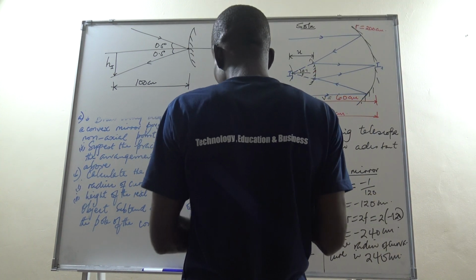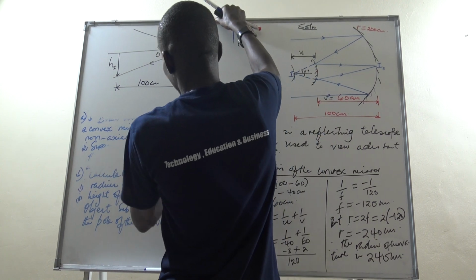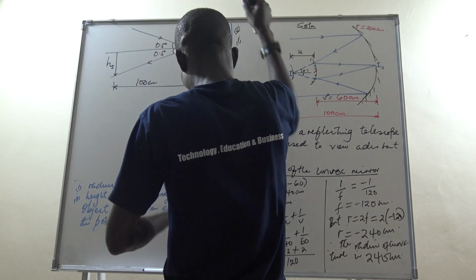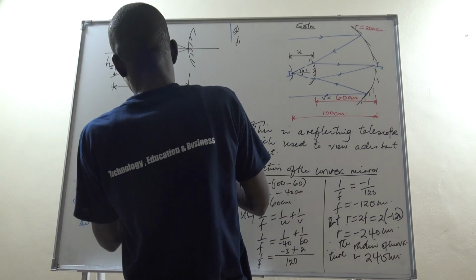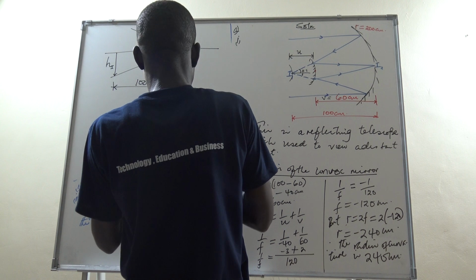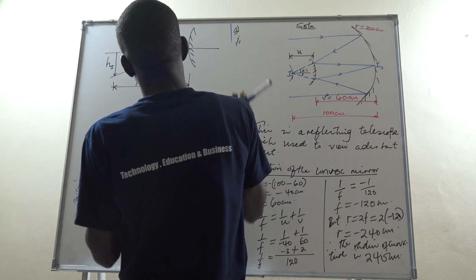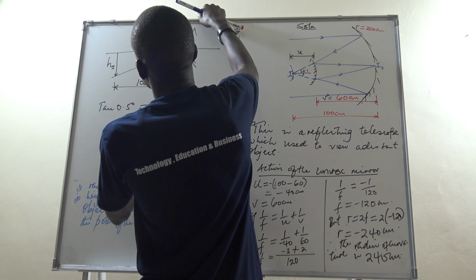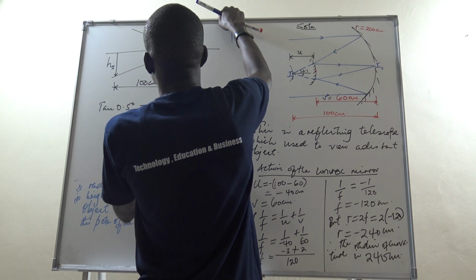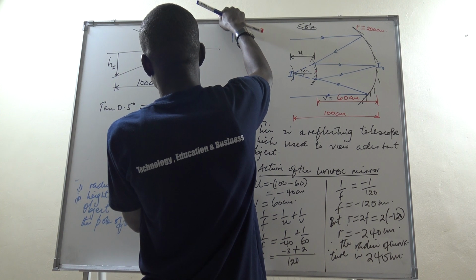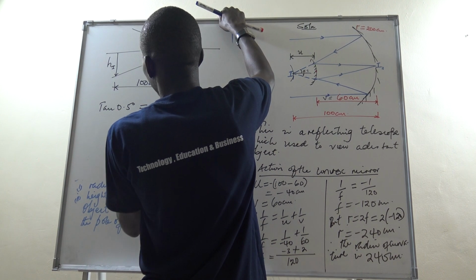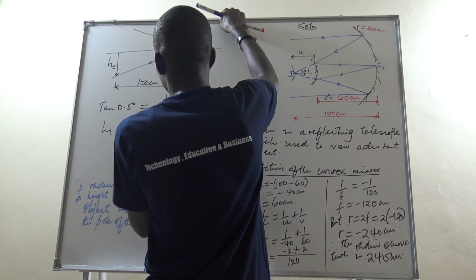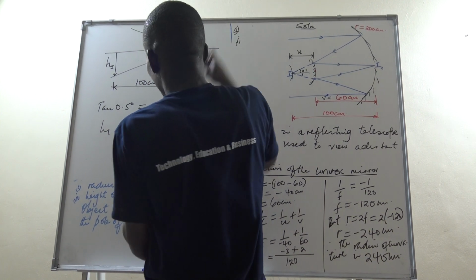So we can now say tan theta, tan of 0.5 degrees equaling to opposite out of adjacent, which is 100, and my H1 is 100 times tan of 0.5 degrees.